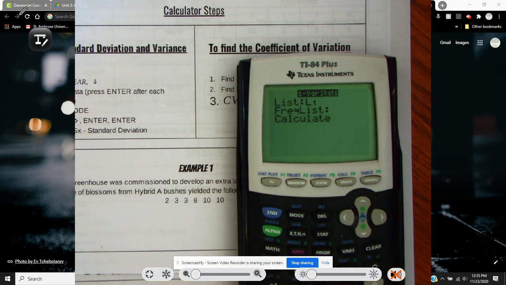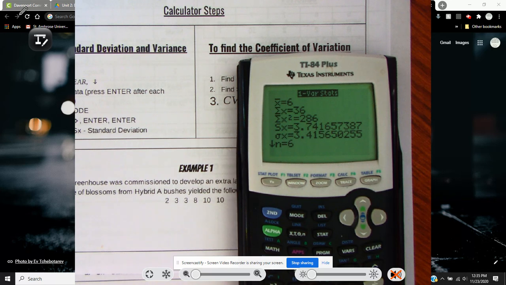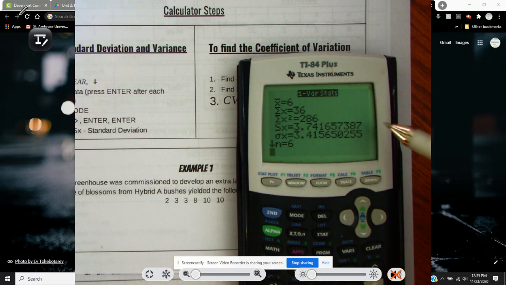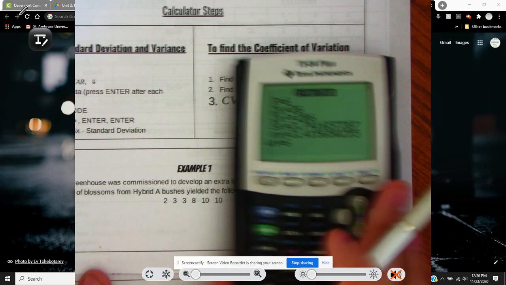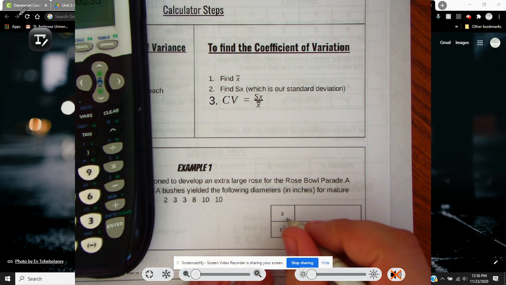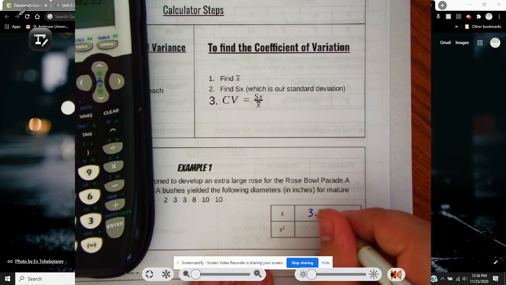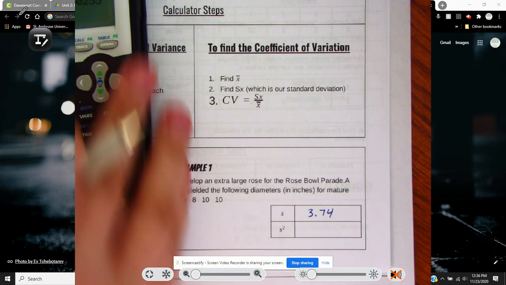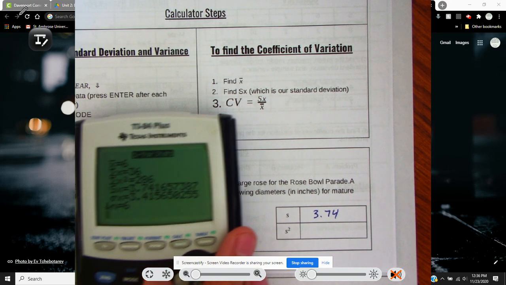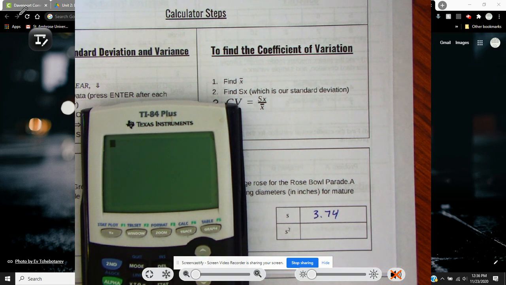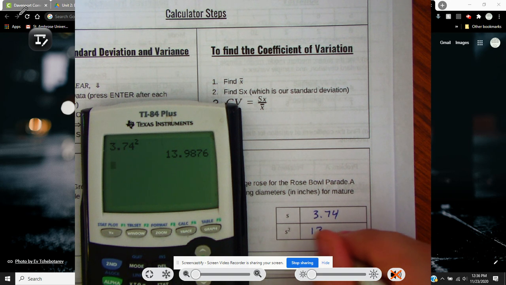We go down to Calculate and hit Enter. Listed right here, it says SX equals 3.74. So that tells us our standard deviation, our S, is 3.74. To find our variance, we're going to do 3.74 squared to get 13.99.